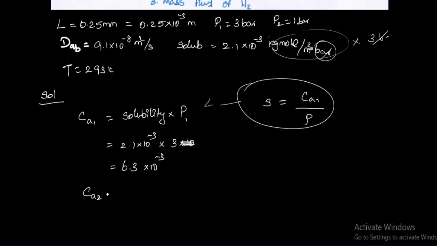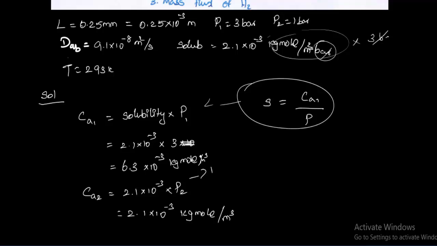Similarly, Ca2 equal to solubility, that is 2.1 into 10 to the power minus 3, into pressure 2, which is equal to 1. So the final answer is 2.1 into 10 to the power minus 3. The unit for both is kilogram mole per meter cube. Here also kilogram mole per meter cube.